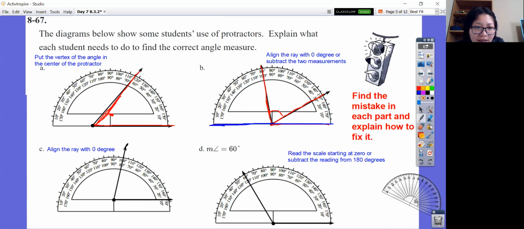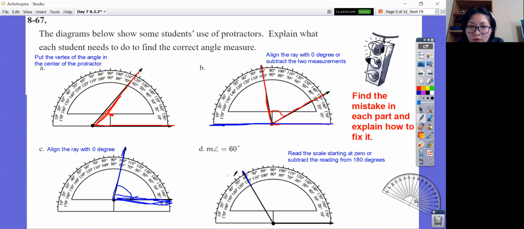Question C. This is your angle. Not easy for me to draw. So the center has to match the vertex. It has to align the ray with 0 degrees. If not, then it's not the correct answer. Question D. The angle has to be 60 degrees. Take a look at this angle right here.